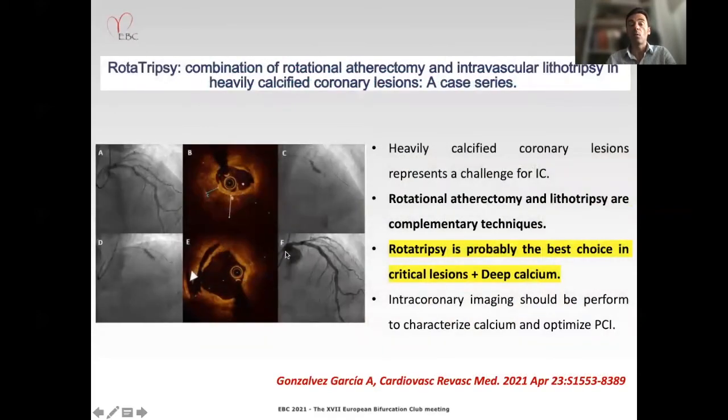We have published the first series of this technique, and probably the take-home message is that when you have critical stenosis with deep calcium, this is probably the best choice to prepare the plaques. In addition, when we are facing a bifurcation, lithotripsy permits to protect side branches, especially when we are talking about the left main.